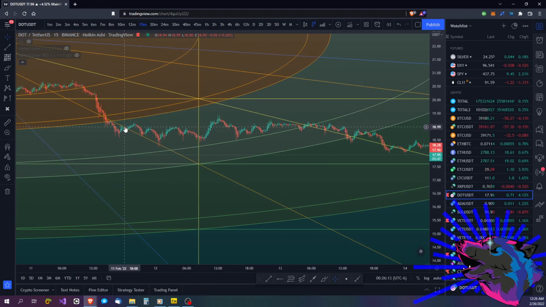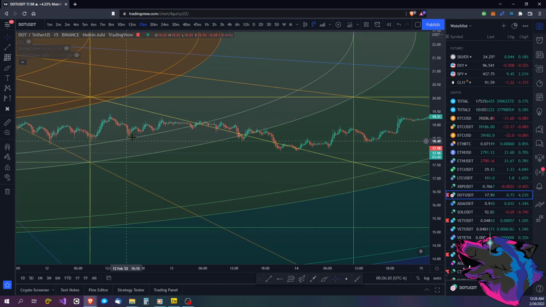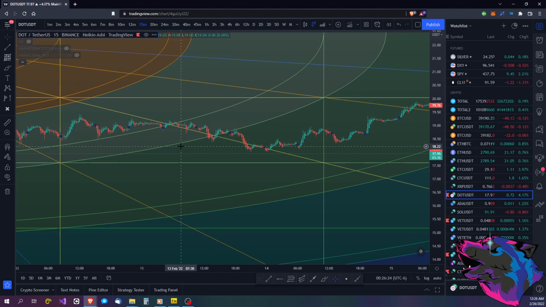We came below. Bounced off, bounced off. Support along here. Came around that intersection, flipped to the top side. Again, finding support.